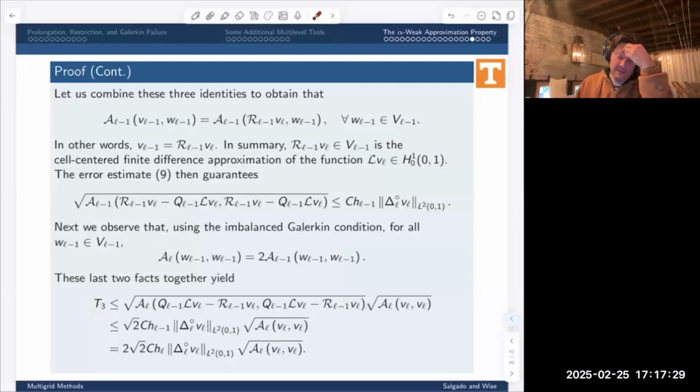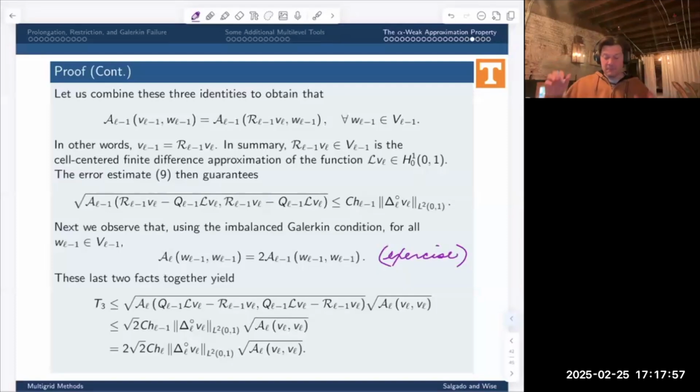Now, the last thing that I have to observe is that using the imbalanced Galerkin condition, for all WL minus 1 and VL minus 1 we're going to have this property. Now this is not clear by me just saying it. So I'm going to say this is an exercise. I wish I would have given it as a homework for you guys to try out.